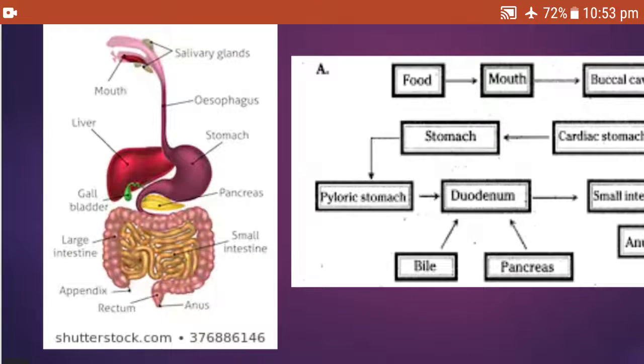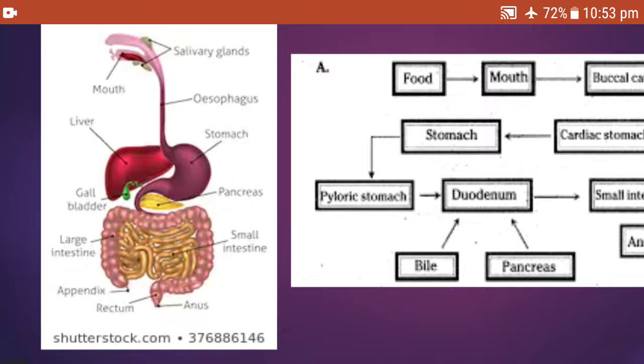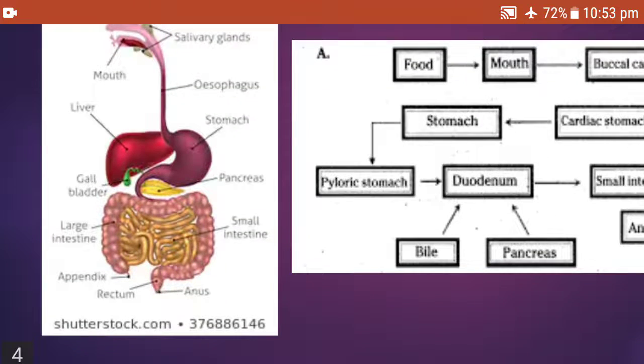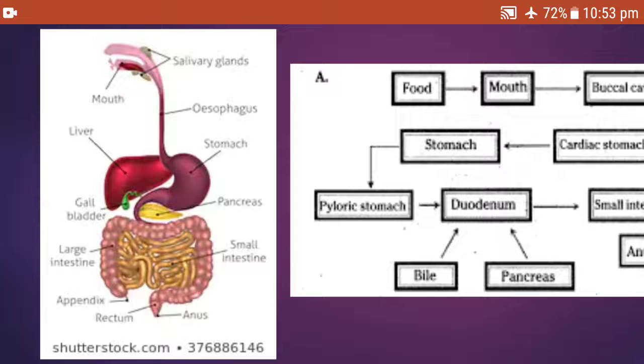Our digestive system starts from the mouth. The food that we take into the mouth is first masticated with a set of teeth. This is called the mastication of food, and the tongue helps by rolling the food from this side to that side, and the teeth grind and chew the food. There are 3 pairs of salivary glands present in the mouth which secrete saliva.